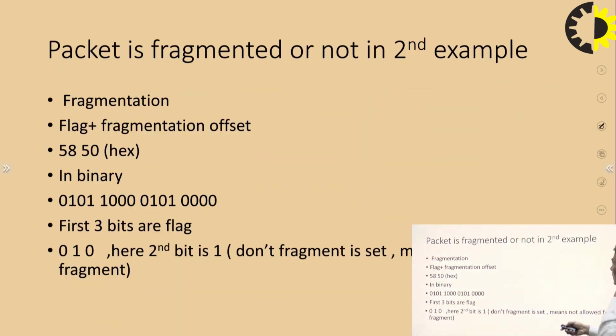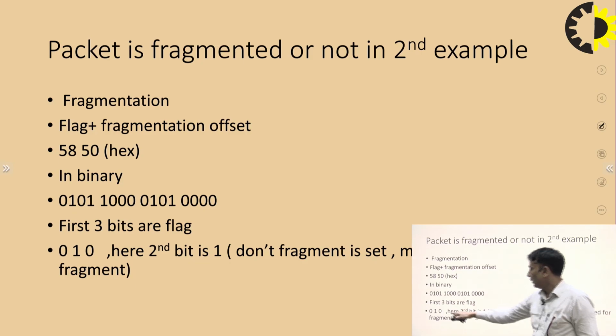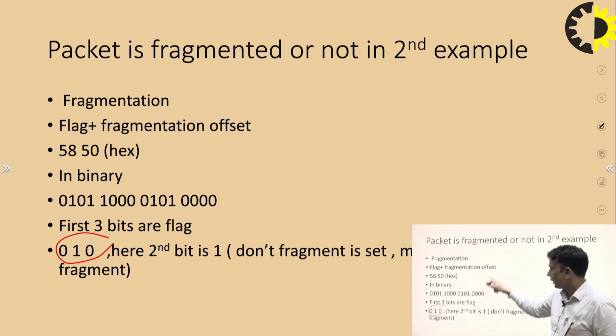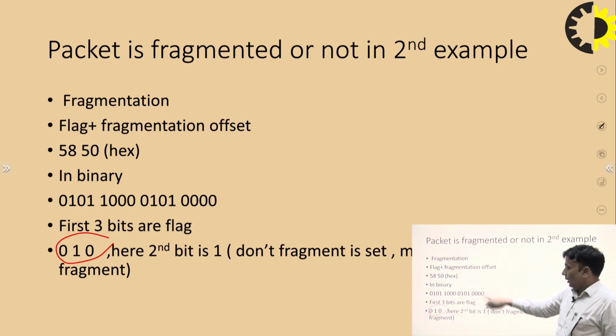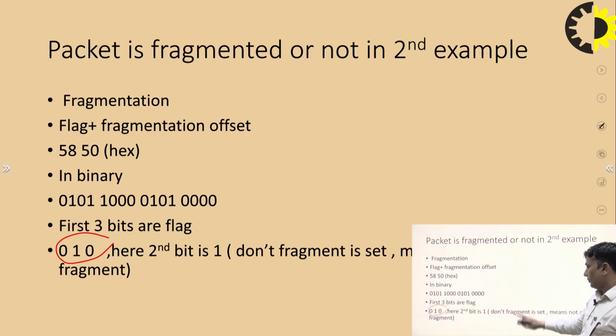Is the packet fragmented or not? So look at the flags plus fragmentation offset, 5850. In binary, the first 3 bits are the flags, so 0 1 0. Here the second bit is 1.